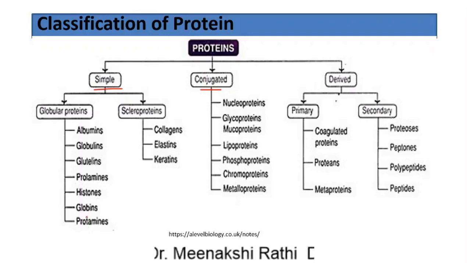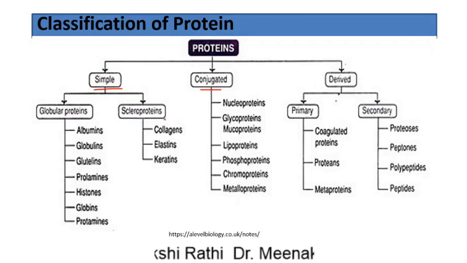Globins are again a type of histones, while protamines are associated with nucleic acid and with some serum proteins. So all these proteins are globular proteins, which are oval or spherical in shape, soluble in water and digestible.